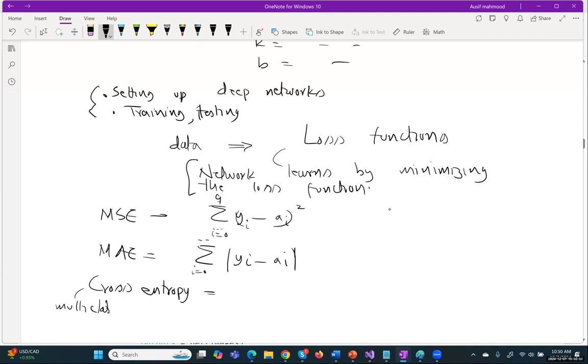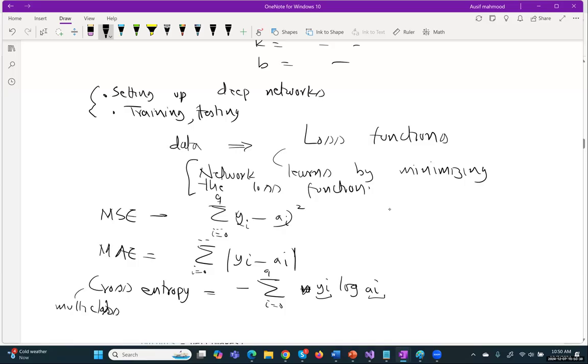So anytime we have a lot of classes, cross entropy goes like this: minus the sum of y of i log of a of i, sorry, there's a minus sign over here, i equal to 0, and again, if there are 10 outputs, you'll go 0 through 9. This is the target value. This is the actual value. And if we try to minimize this, then the network will gradually learn to do a better and better classification, right?